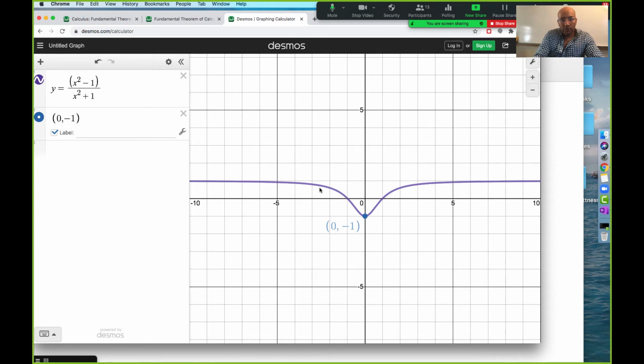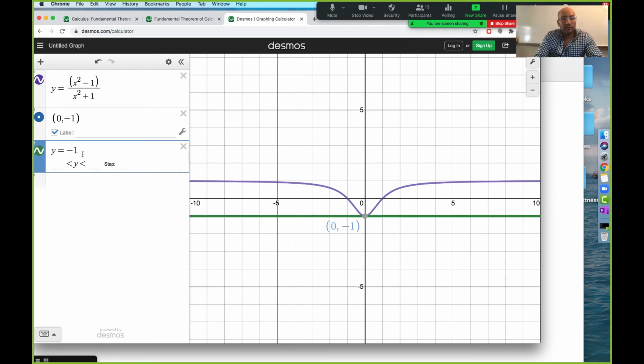So here's my function, y equals 2 x squared minus 1 over x squared plus 1. That's this purple function here. And then I have this point right there, and we wanted to find the equation of the line which is tangent at that point. I think it's clear to see that -1 is our answer. Let's put it in red.